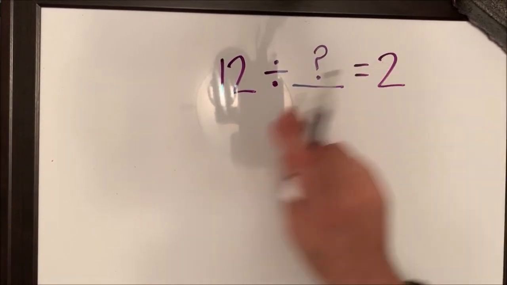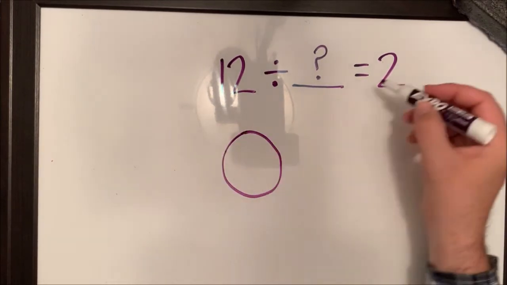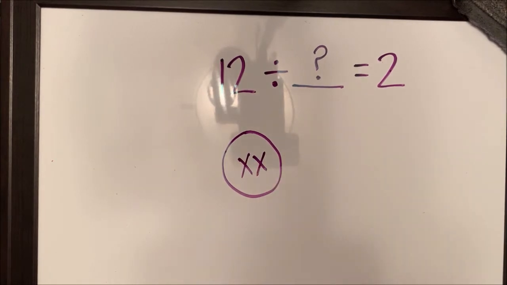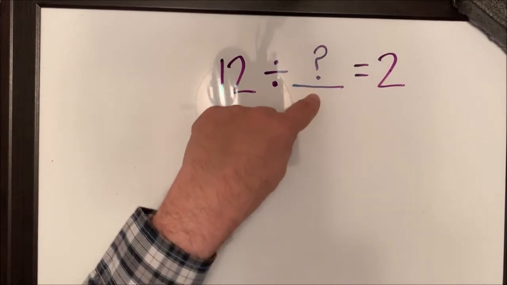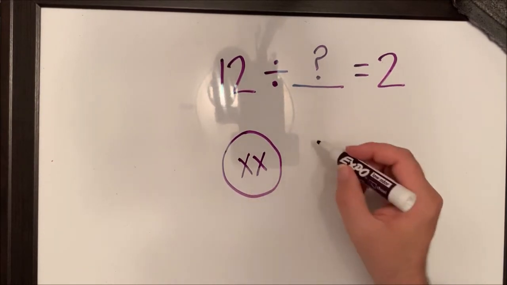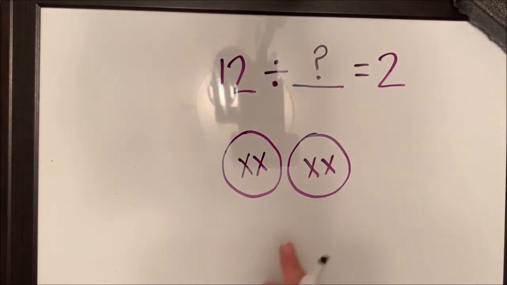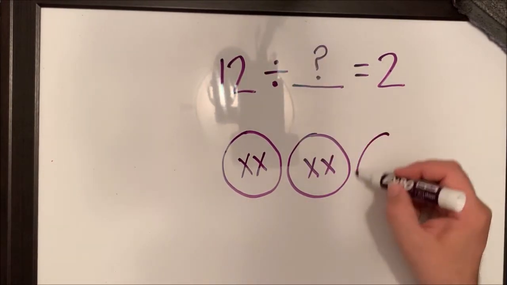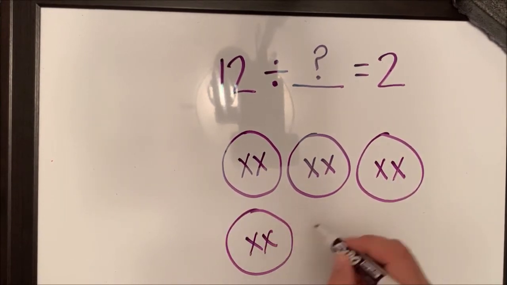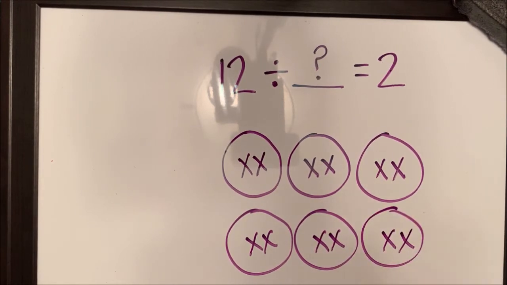So I know, based on this equation, that in each basket I am going to have 2 apples, because that's the quotient. So 12 divided into an unknown number of groups equals 2 apples in each group. So I can keep drawing groups of 2 until I get to 12 apples. 2, 4, 6, 8, 10, and 12.